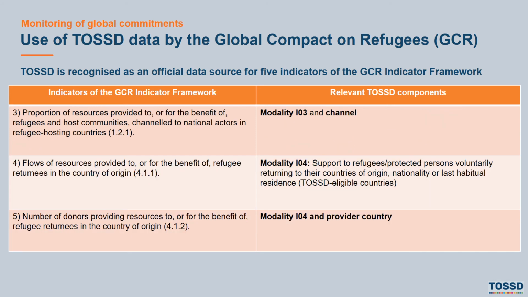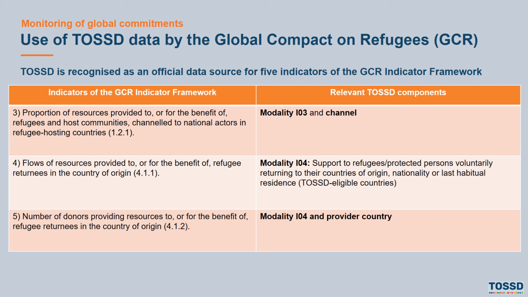In this slide, which is a continuation of the previous, there is a mapping of GCR indicator framework and TOSD components. The indicator 3 is about proportion of resource provided to or of benefit of refugees in hosting communities, and this can be mapped to the modality IO3 and channel.